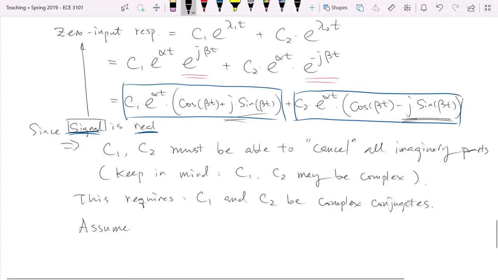I'll assume, since they're complex conjugates, C1 will be equal to C over 2 times e to the j theta, and C2 will be equal to C over 2 times e to the negative j theta. Okay?